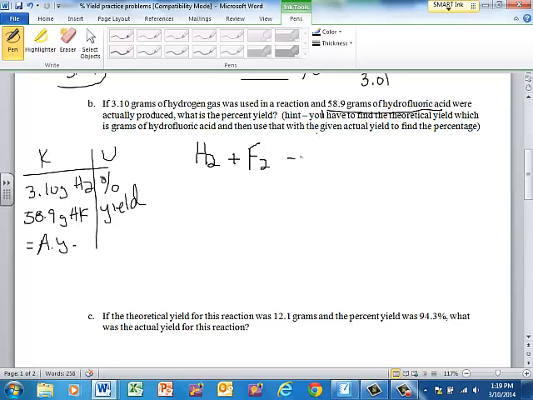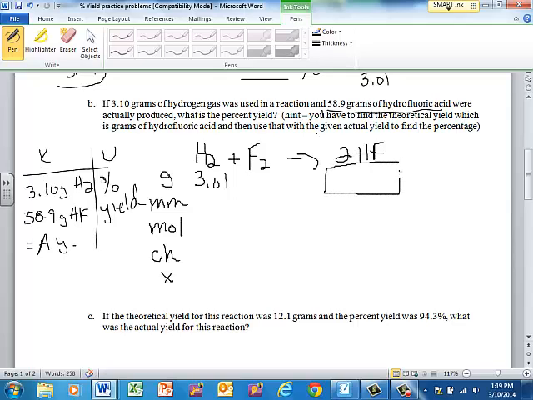Well, here's my equation. H2 plus F2 gives me 2HF. And I'm going to set up my chart: grams, molar mass, moles, change, and X. I plug in 3.01 for my grams of hydrogen, and I have to solve for all the way over to grams of hydrofluoric.